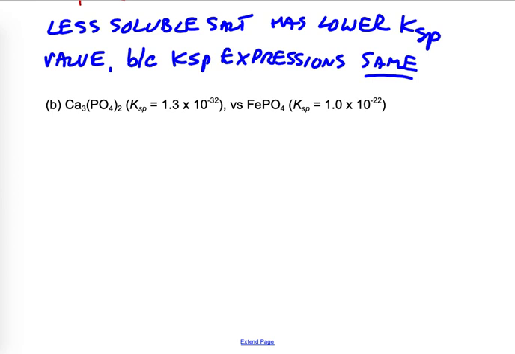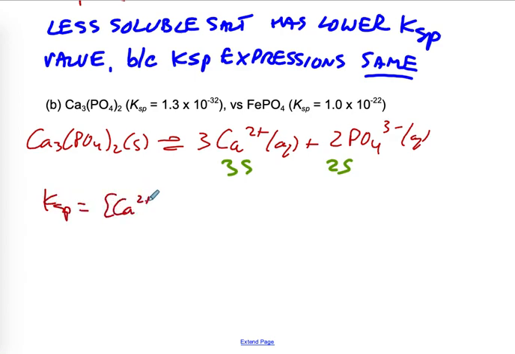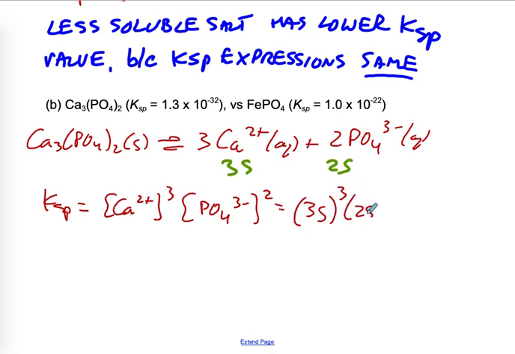So for calcium phosphate, dissolving and dissociating to form calcium cations plus phosphate anions, we will call the concentrations 3S and 2S. KSP is the calcium 2+ concentration cubed times the phosphate concentration squared, or (3S) cubed times (2S) squared.